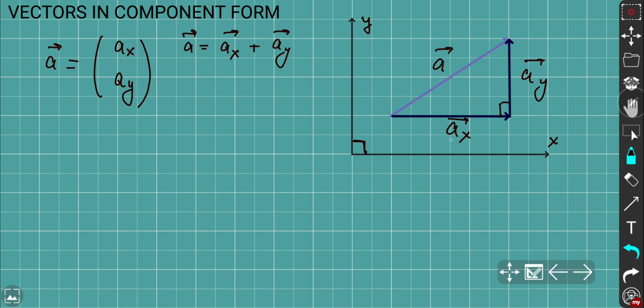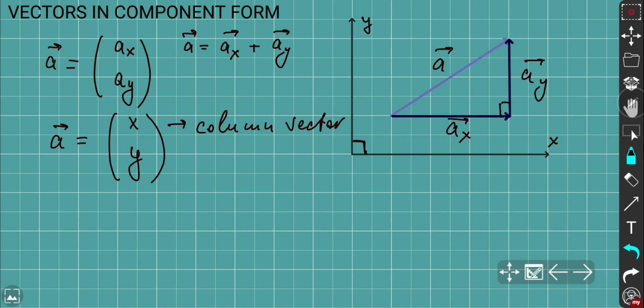That's why AX and AY become components of the vector. But instead of writing AX and AY, mathematicians usually write just x and y. So vector A will have an x component and a y component. And this is what is called a column vector, because you see clearly that the structure represents a column. So this is the column vector, or the vector in its components.